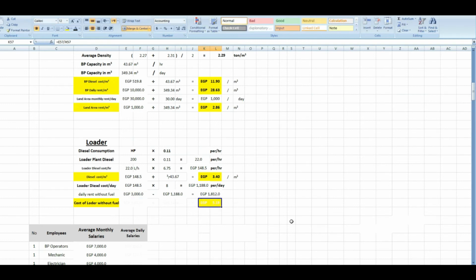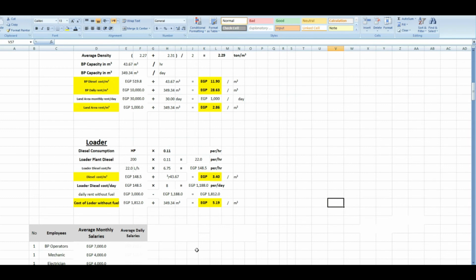It means that the rent of loader per day without fuel is 1,800 something, 1,812. This is the rent of loader without fuel over the daily production of the batch plant. It gives you 5.1 equal 1 over 300. This is per meter cubic.